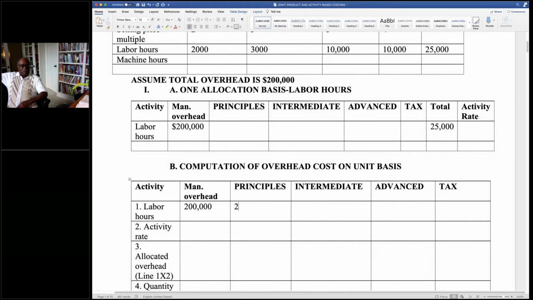Principals' labor hours were 2,000. Intermediate was 3,000. Advanced was 10,000. And tax was 10,000.